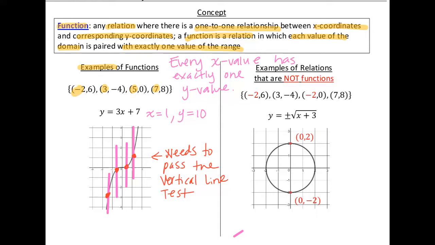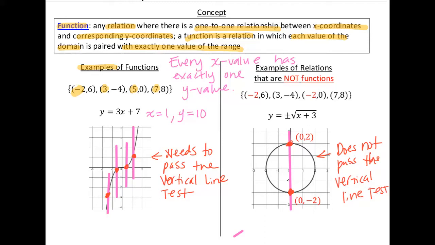However, on this example over here, if I pass my vertical line through here, that actually passes through the line 2 times. It goes through this coordinate point and it goes through this coordinate point. It's passing 2 times instead of 1, so then it's not a function, okay? So this one does not pass the vertical line test.